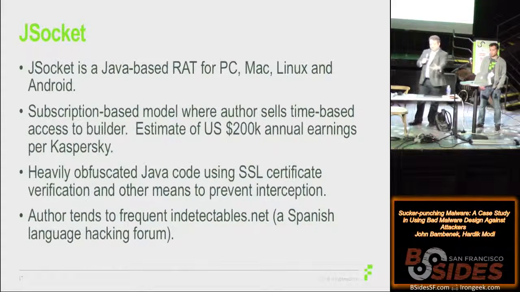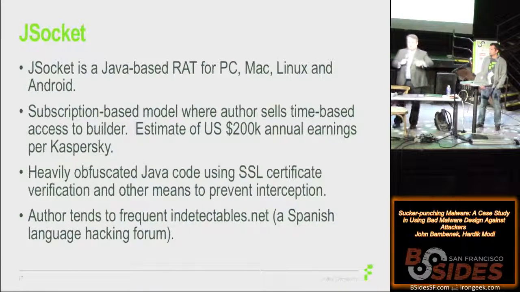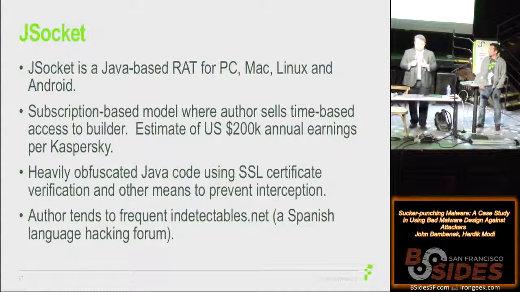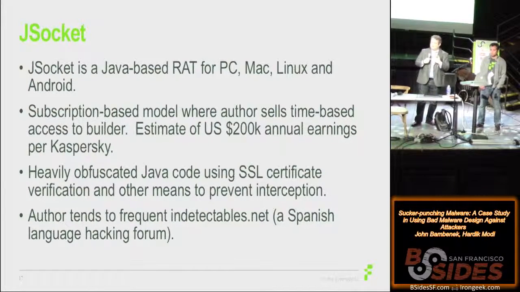That was what he started with Adwind, which was three or four iterations back. Well, somebody had cracked it and then started distributing it for free. And that became the psychological motivation he used to start enforcing a subscription system to make sure he kept capturing that money. That was an intentional design choice he made, which undermined him both in Alien Spy and JSocket. And we'll talk about that in a second, right?